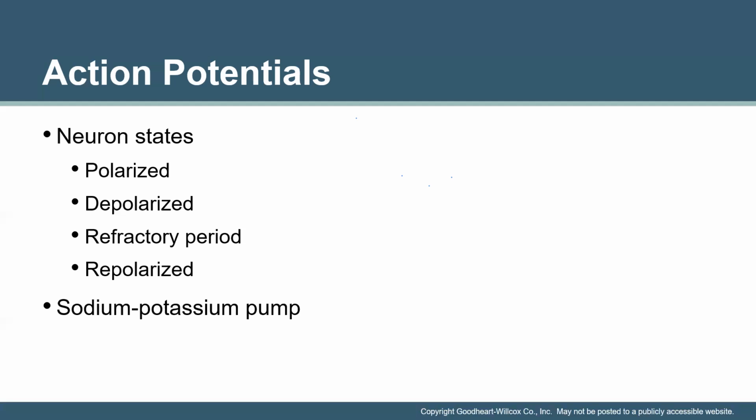So after depolarization, and after we have this energy release or electrical transmission sent down, the cell is going to want to repolarize itself so that it is available to do work again.